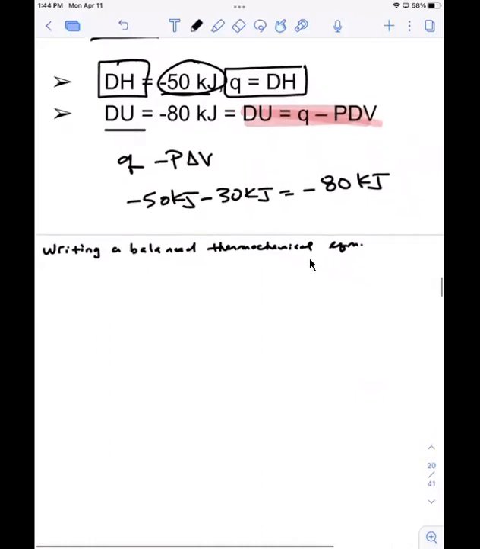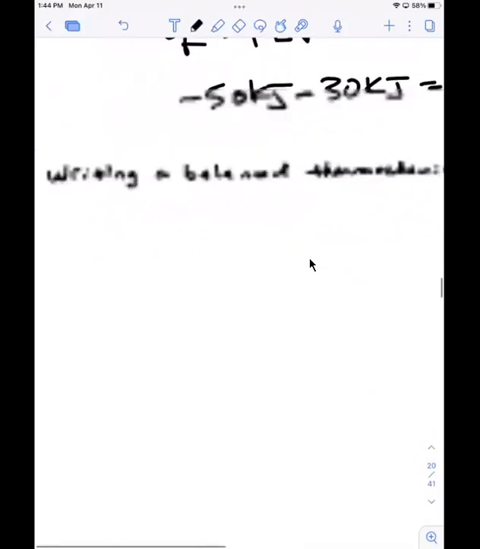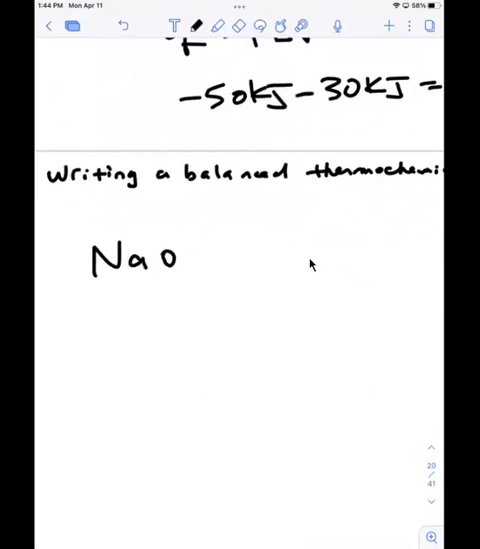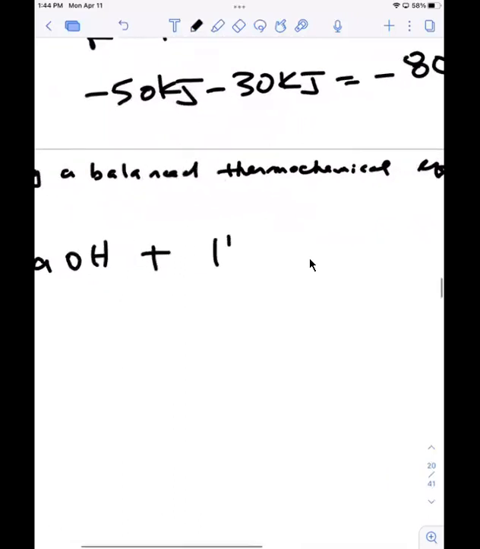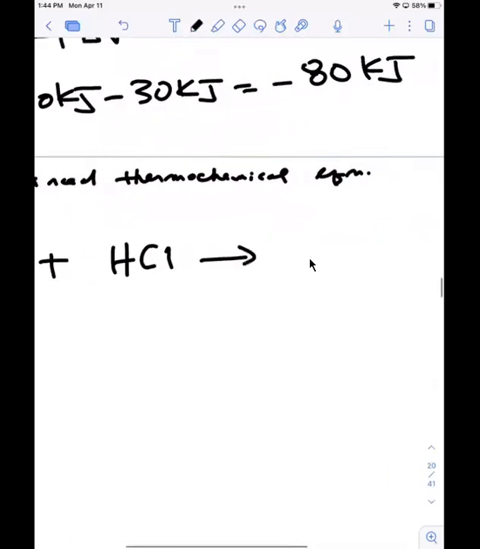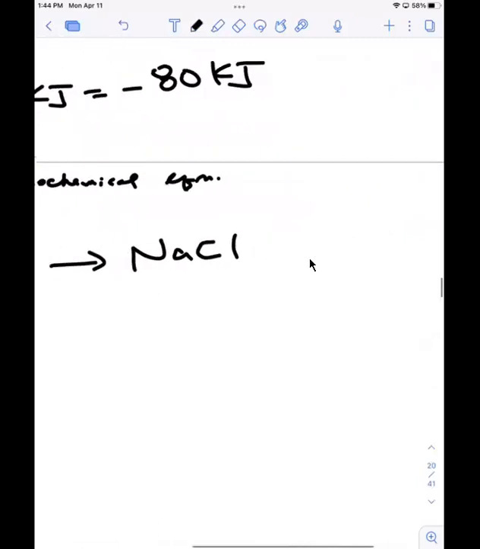So in writing a balanced thermochemical equation, first you have to write the balanced chemical equation and then figure out how much energy was either gained or lost. And you indicate that at the end of the equation by just giving the value for delta H. All right. So in this equation, let me write the equation. It is NaOH plus HCl giving me NaCl plus water.